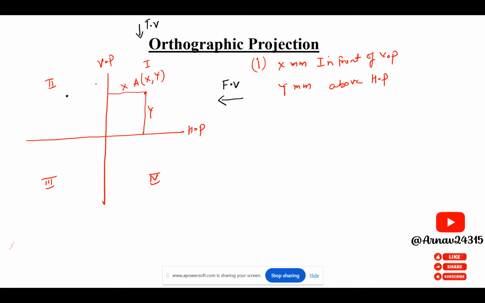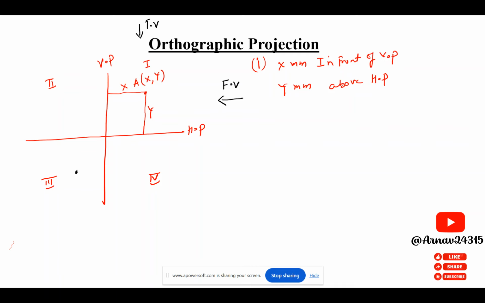And similarly, if I am going to see from the top, मान लीजिए point it lies in the third quadrant. So now I am going to observe from the top. तो top से अगर इसका top view देखेंगे, now this plane will also become what? This plane will also become transparent, right? तो transparent होगा बेटा, तो हम जब ऊपर से देखेंगे तो what we will be able to see?